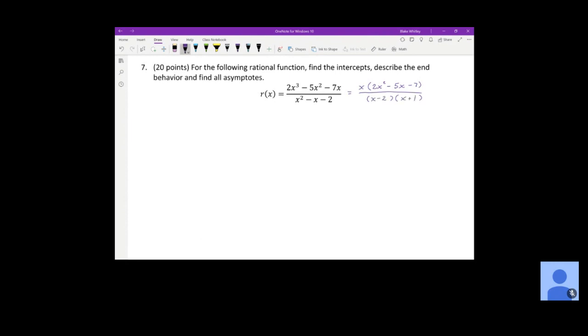Good. Now, once we have that, we need to look at the numerator again, see if we can factor that any further. So that 2x squared minus 5x minus 7, can we factor that into 2 binomials now?